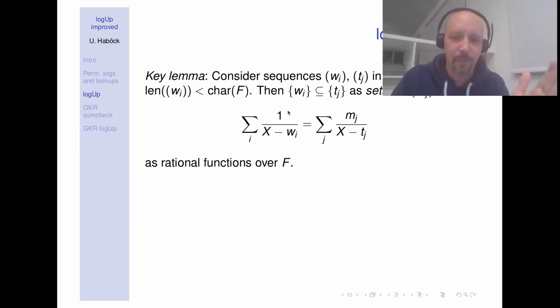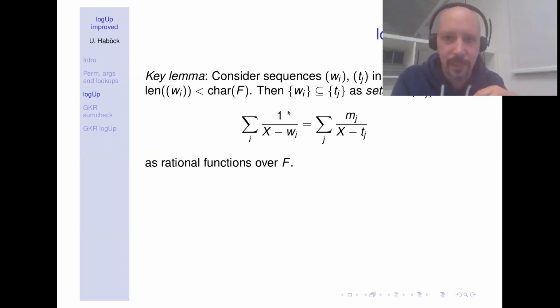But if you say my witness sequence is anyway smaller than the field is large, which in most applications is the case, one has to be a little bit careful when one uses very small fields like M31.